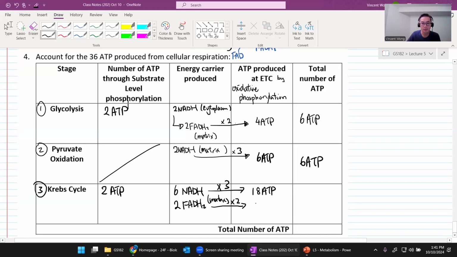Times 2 here gives you 4. So 18 plus 4 plus 2, 24. And you add up these things together, 6 plus 6 plus 24. That's how you get the 36 ATP. Okay?